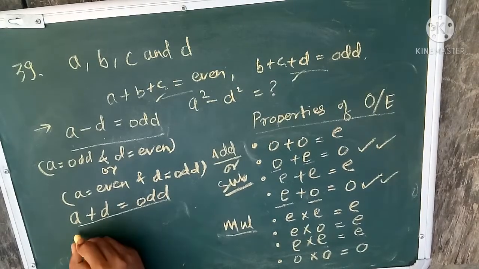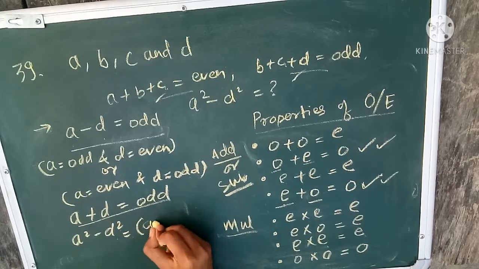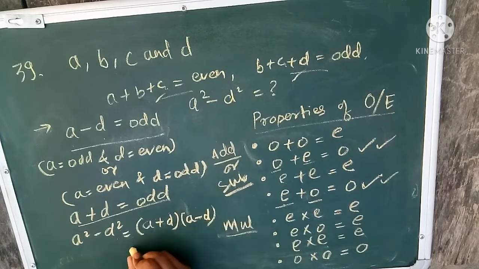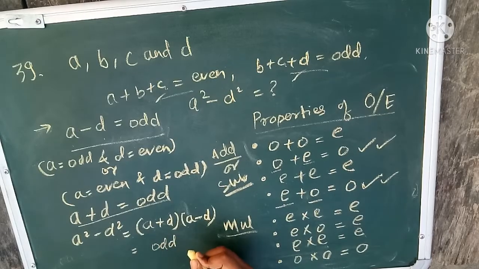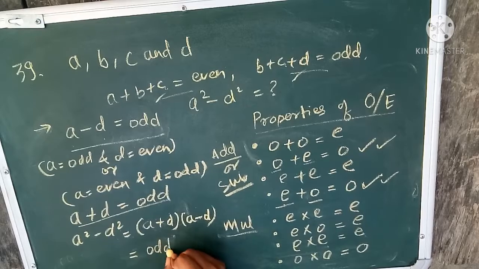Now we have to find a square minus d square. It will be equal to a plus d times a minus d. So we have a plus d as odd and a minus d as odd.